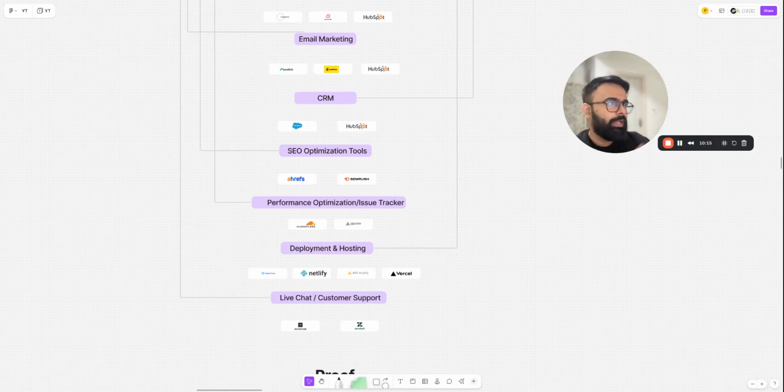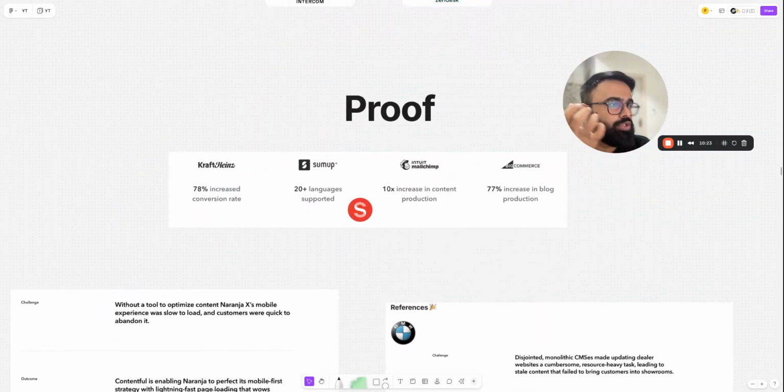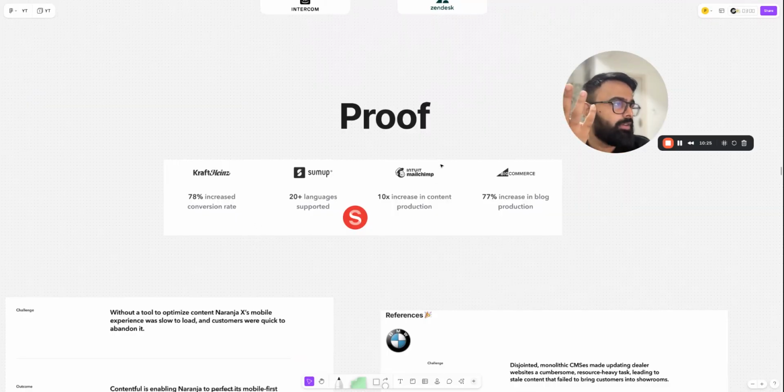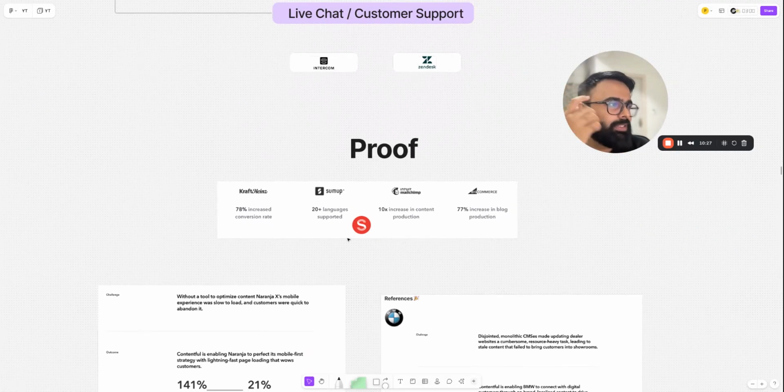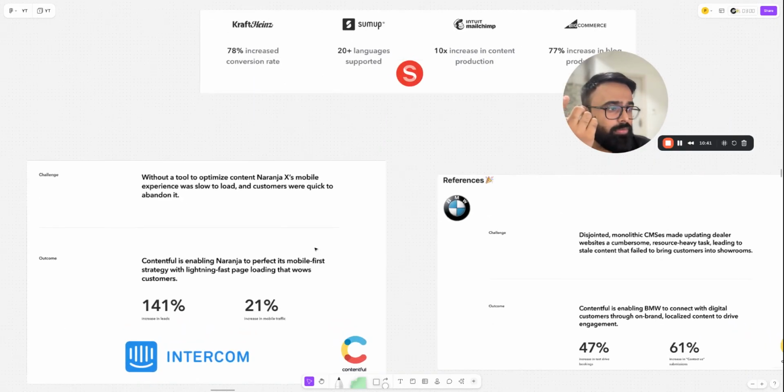Obviously you can replace X with Y here in terms of composable architectures. Now, what I can always show you is some of the proofs. Say, for example, Sanity: Heinz used it and got a 78% increase in conversion rate. BigCommerce used it, 77% increase in blog production. Intuit and Mailchimp, 10x increase in content production.